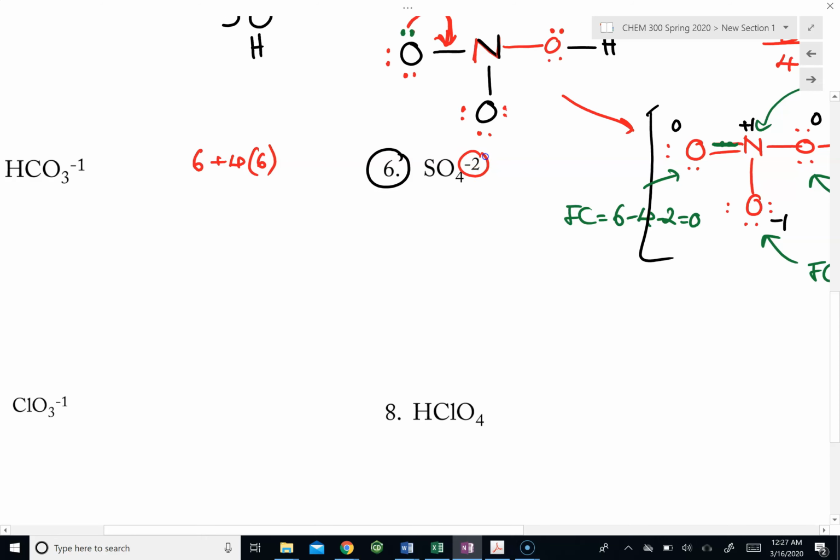I hope you see that the overall charge is -2, and because this is -2, it means the molecule somehow has 2 extra valence electrons. So thus we have to add 2 for that as well. So in this case, we have 6 plus 24, which makes 30, plus 2 equals 32 valence electrons.